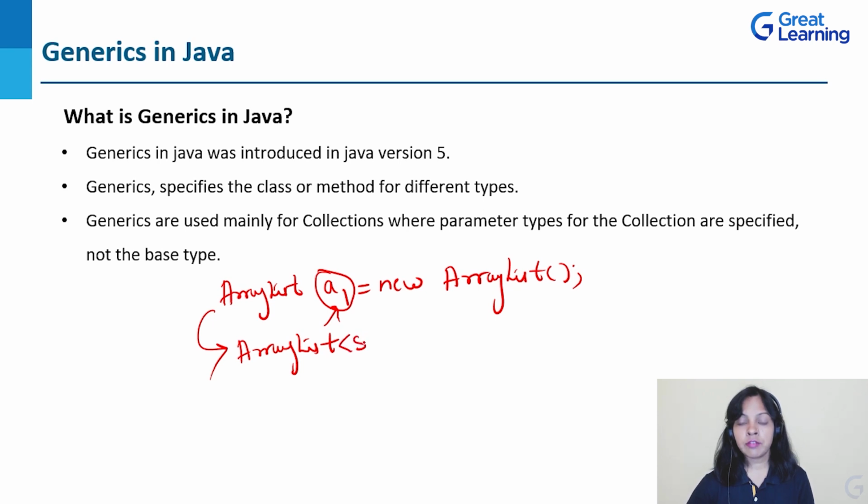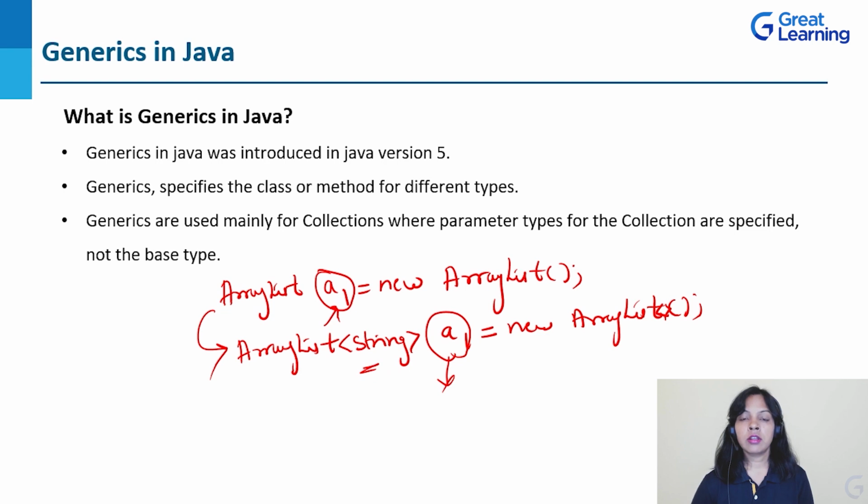For example, if I have defined for string data type, then I should be writing ArrayList<String> A1 equals to new ArrayList<>(), here also angular brackets. Now this will create an object A1 for type only string. Okay, so it will be a list of strings. A1 will contain the list of strings, right? And this is the concept of generics in Java.